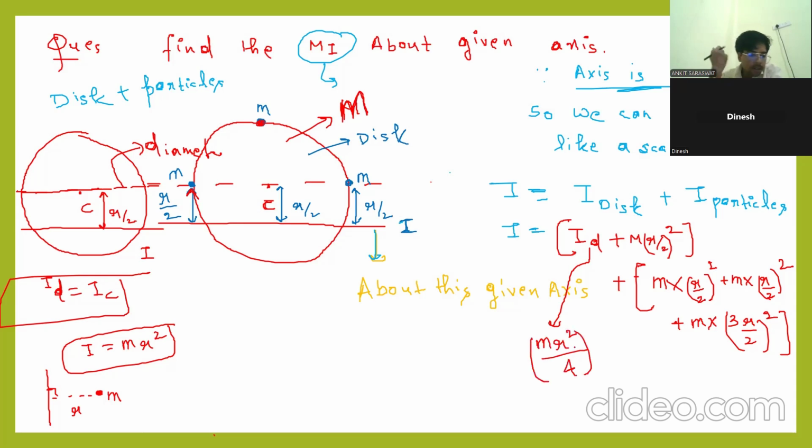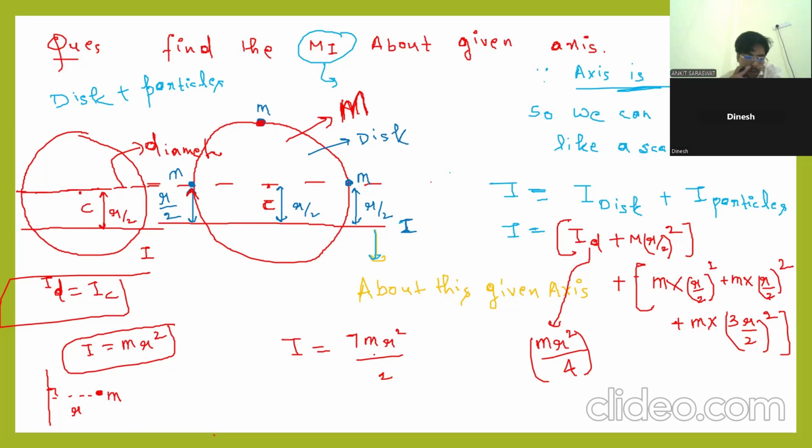Clear? Solve. Once you solve the whole question, it will be 7 mr square by 4, mr square by 2.